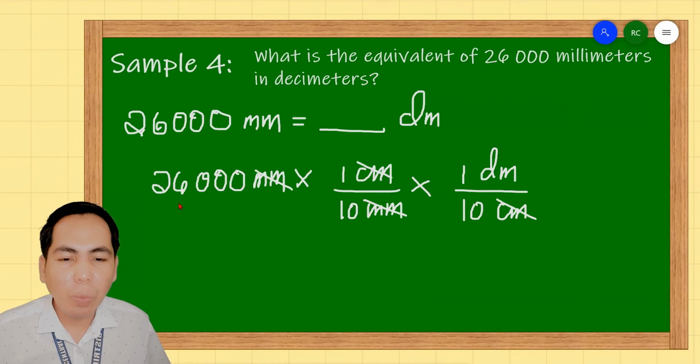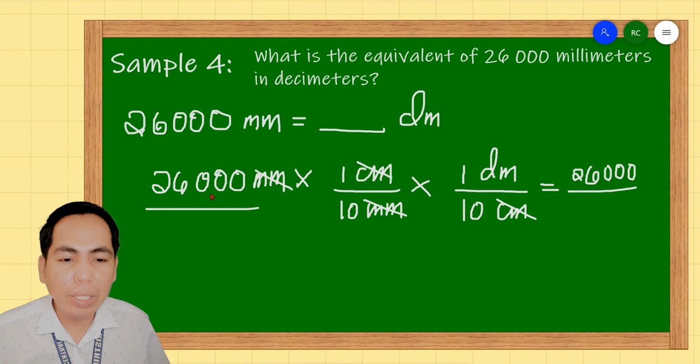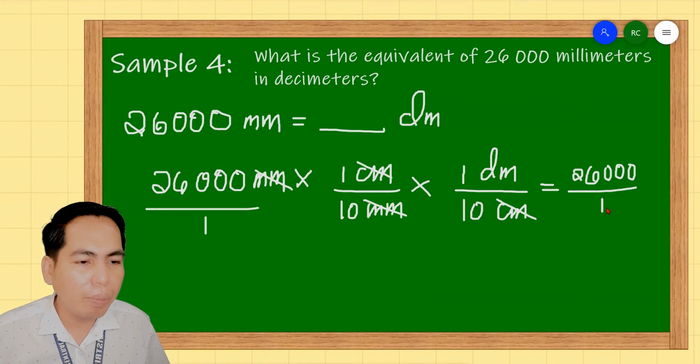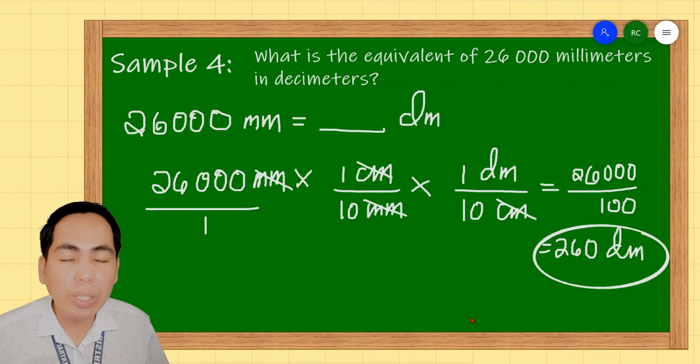So we have here 26,000 times 1 times 1 will give us 26,000 over, since 26,000 is understood to have a denominator of 1, 1 times 10 times 10 will give us 100. So 26,000 over 100 is equivalent to 260 decimeters. So in other words, 26,000 millimeters is equivalent to 260 decimeters.